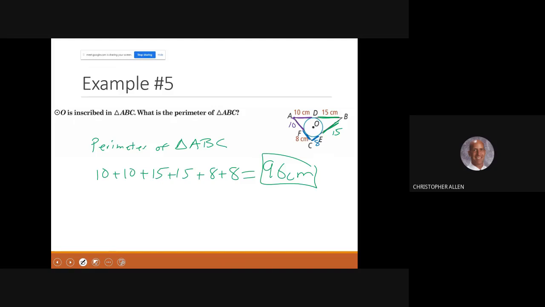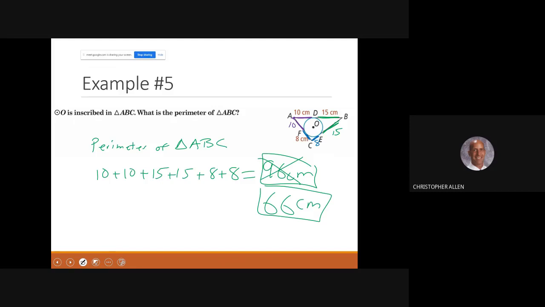Let's see here. 10 plus 10 plus 15 plus 15 plus 8 plus 8. Oh, and mine says error. Oh, I put an extra plus there. I didn't need that extra. Oh, it's 66. Is that what you said? No, I said 90. I think it's 66. I'm sorry about that.